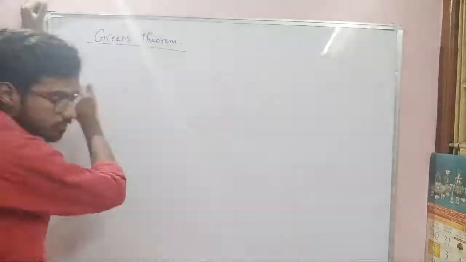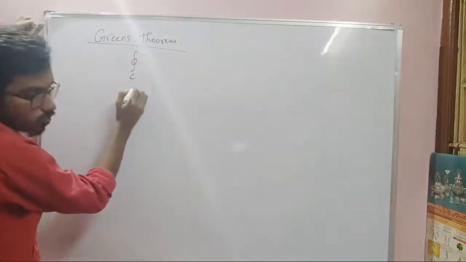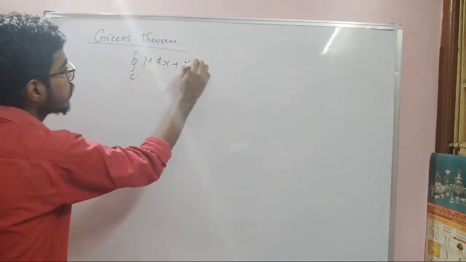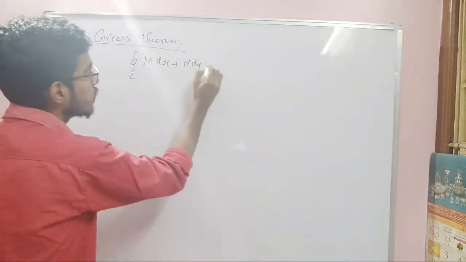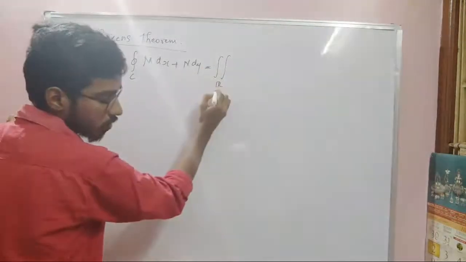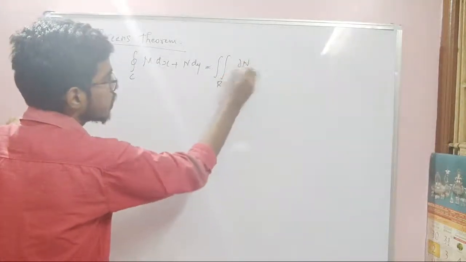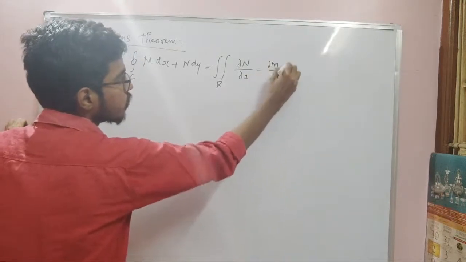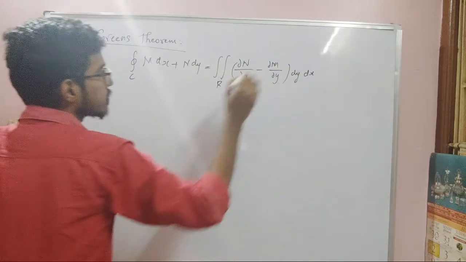So the integral over C of m dx plus n dy, this is a line integral, is equal to the double integral over R, this is our region R, of dou n by dou x minus dou m by dou y, dy dx. This is what Green's theorem says.